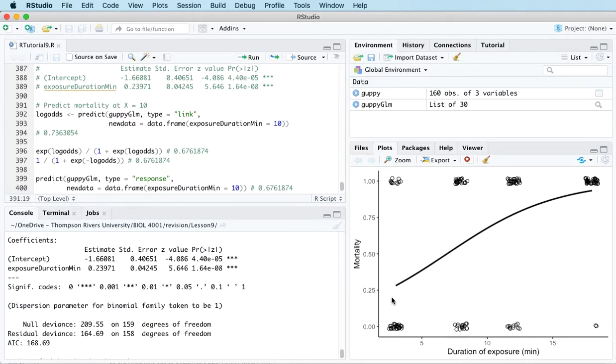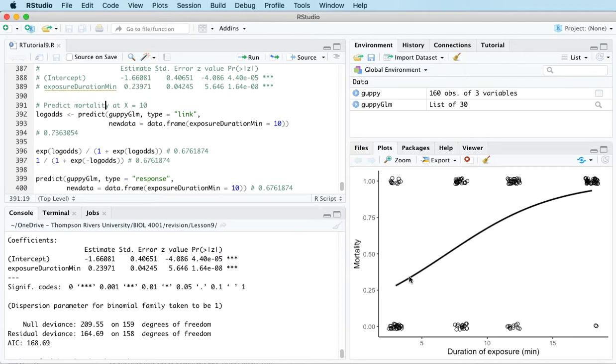When the duration of exposure is quite low, so 3 minutes, then the probability of dying according to this fitted logistic regression curve is just a little bit over 0.25.